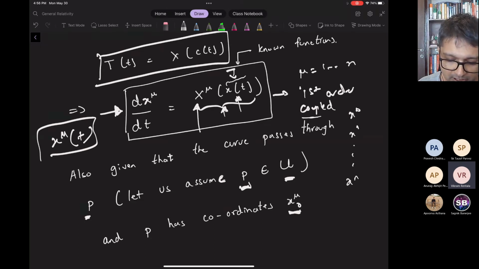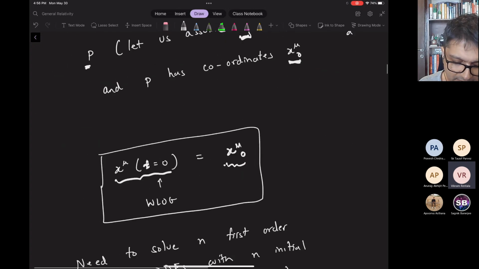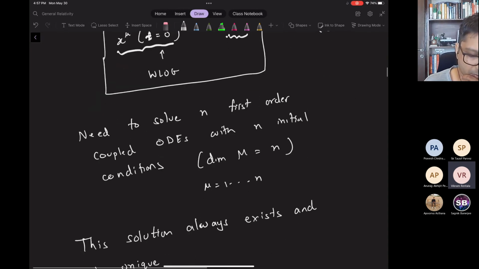So these are n first order coupled differential equations, and we have n initial conditions, that is, you have to pass through the point x_0^mu. So we need to solve these n first order coupled equations with n initial conditions, where the dimension of the manifold M is this n.